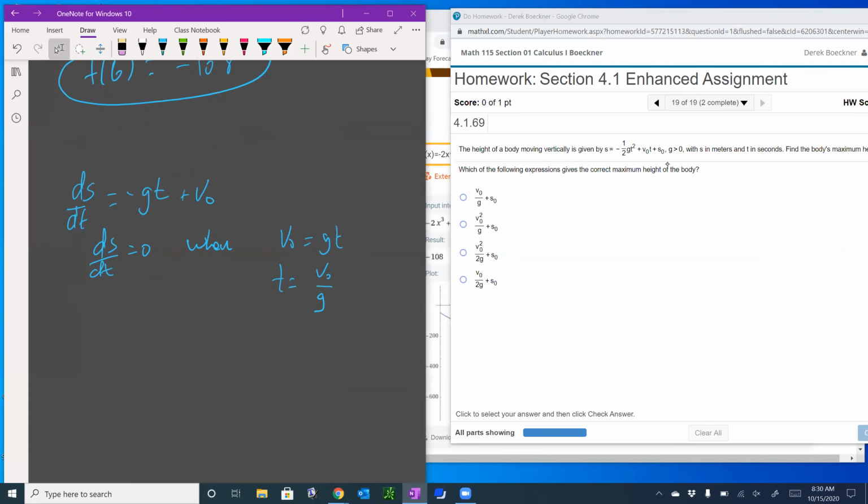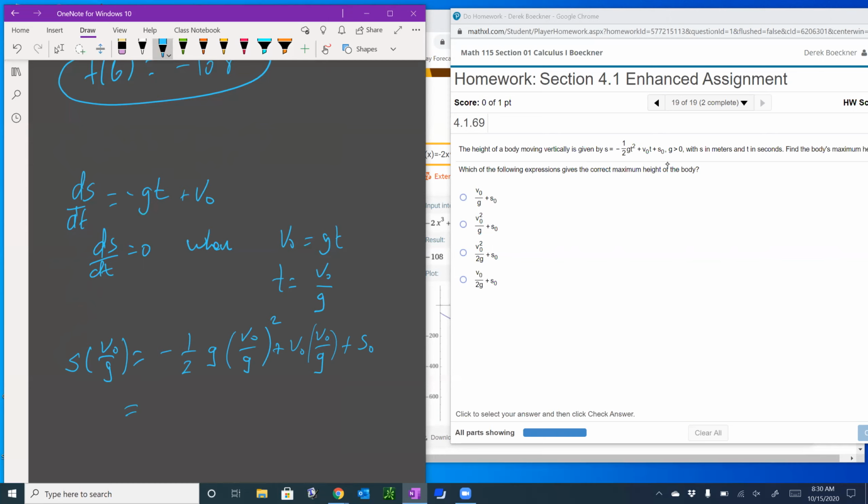Okay, so the height s at v naught over g is going to be minus 1/2 g times (v naught over g) squared, plus v naught times v naught over g, plus s naught. One of those g's cancels, right?